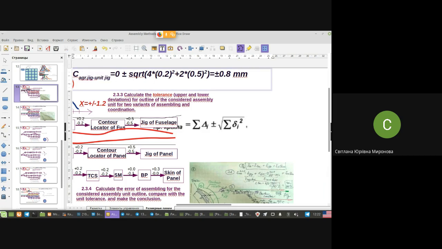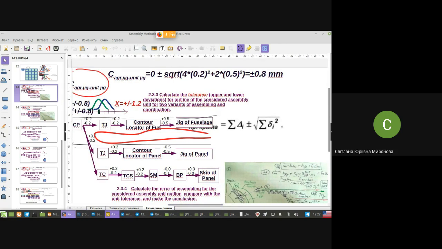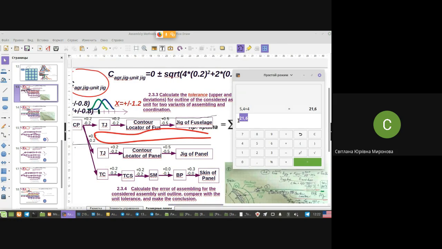Actually, it comes to these values that you see here, but we need to understand how it works. Should we? Yes, let's try. About middles, I hope you see them. All the fields are symmetrical. You see plus minus 0.2, plus minus 0.2, plus minus 0.5. And quite the same in the second chain.